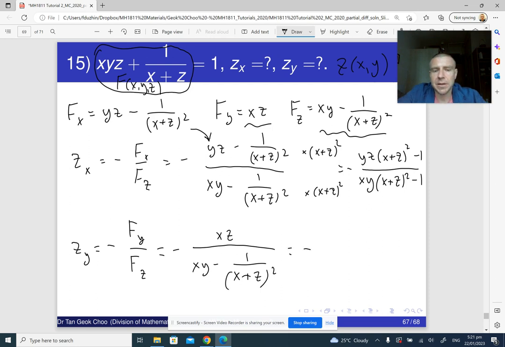I will just multiply by x plus z squared, again both numerator and denominator, so it's going to be minus xz times x plus z squared divided by xy times x plus z squared minus 1. And basically, that's the final answer. I don't think that you can simplify it any further.